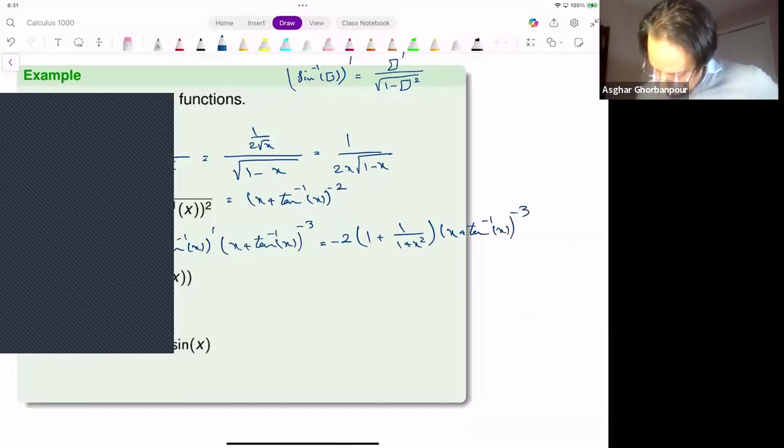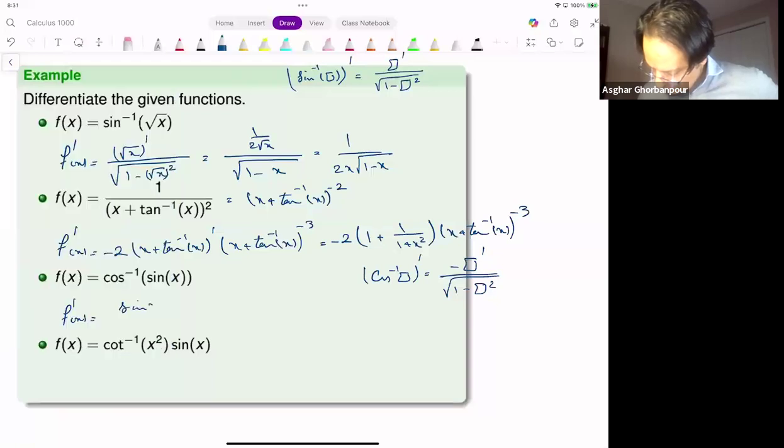F prime here. The derivative of cosine inverse of box is negative box prime over square root of 1 minus box squared. So here you get sine x prime over square root of 1 minus sine squared. Oh, there's a minus sign there. For cosine inverse, you get a minus sign.